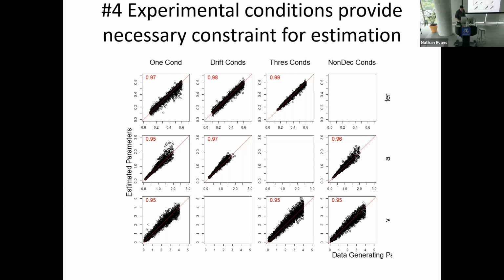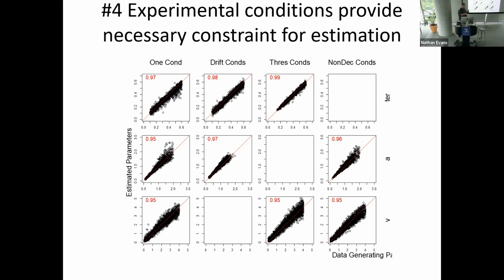The last key point here is this idea of constraint. As I said before, this last idea, and one that I've been a very heavy believer in myself, is that adding experimental conditions adds constraints that improve your estimation, right?